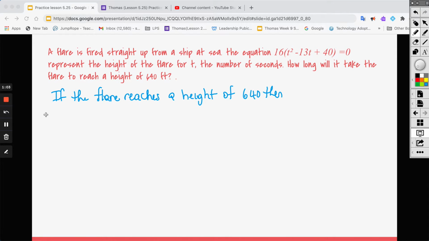Our equation, which is 16 times t squared minus 13t plus 40, is equal to 640.